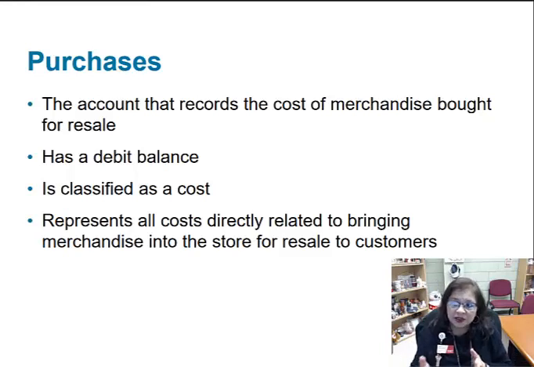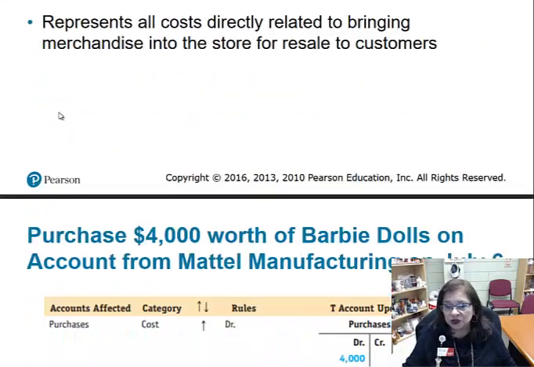It has a debit balance because it is a cost, but it's also merchandise, which is inventory, which is an asset. It does represent all the costs that are directly related to bringing merchandise into the store and then selling it back to the customers.